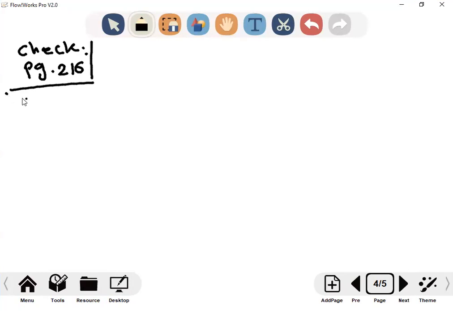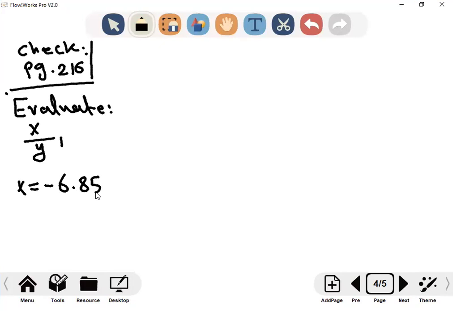Now we need to evaluate x over y, given that x is negative 6.85 and y is negative 2 over 5, right? Okay.